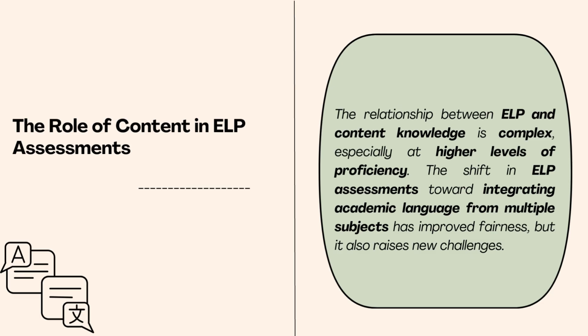According to this, it's hard for them to separate these two, but as educators and test makers, they must carefully balance language and content to ensure that there is an accurate assessment of English language learners' abilities.